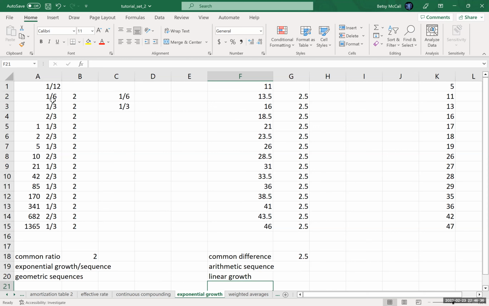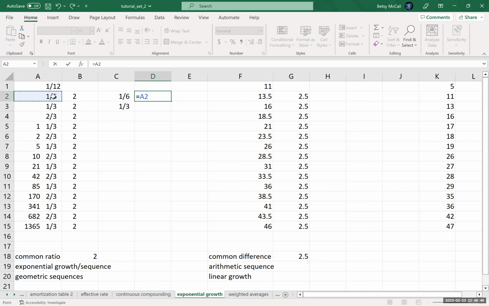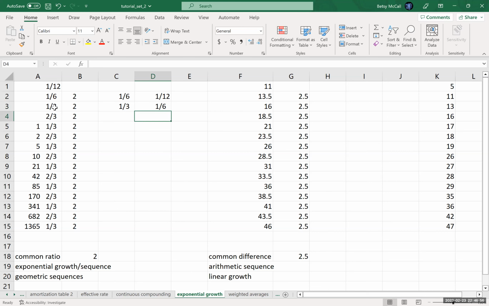Now, if I calculate the difference in my first sequence, I'm not going to get the same value all the time. If I take our second value minus our first value, and then I take my third value minus my second value, I'm not getting exactly the same value each time I take that difference.